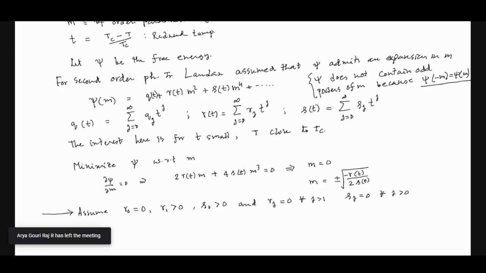Under these conditions we have m is equal to 0 as one root, and the other one is m is equal to plus minus square root of minus r1 into t divided by 2 times s.